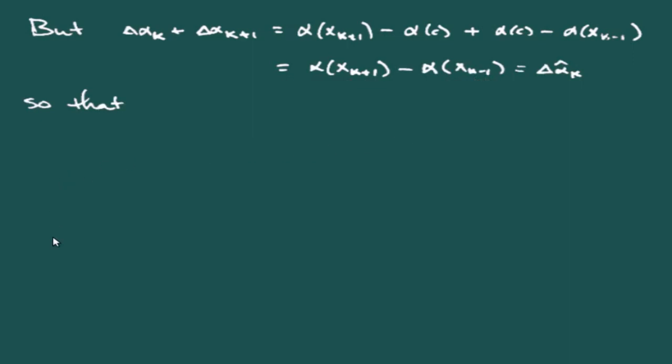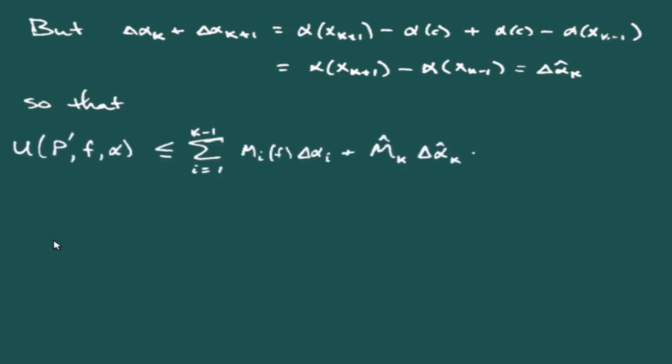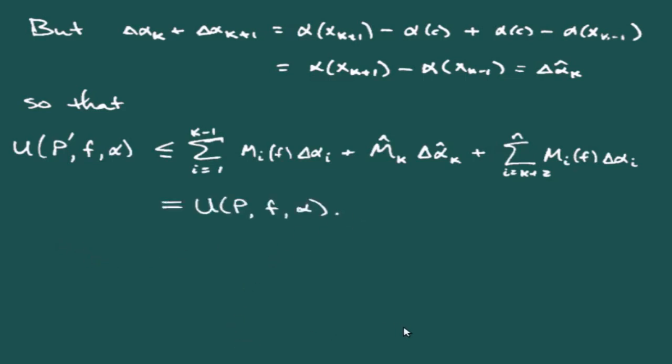So when we take that and replace it back into our sum, we see that our alpha sub c's cancel out, and we actually end up with the upper Stieltjes sum with respect to our partition P.